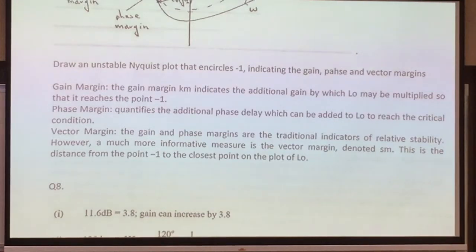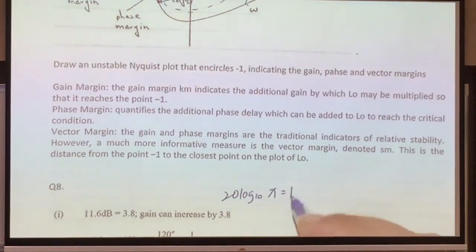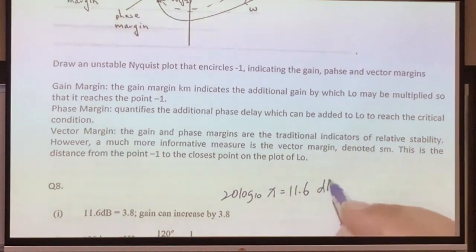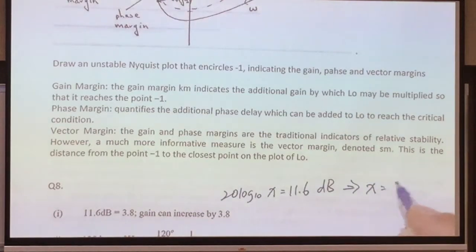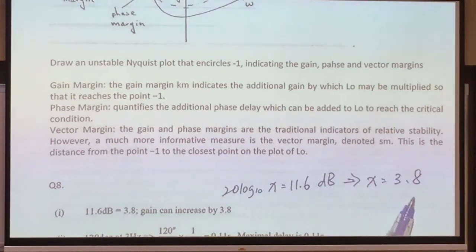With this, we know that gain can increase by a factor of 3.8. You understand? Every single one of you who has a calculator, please make sure that you bring it.